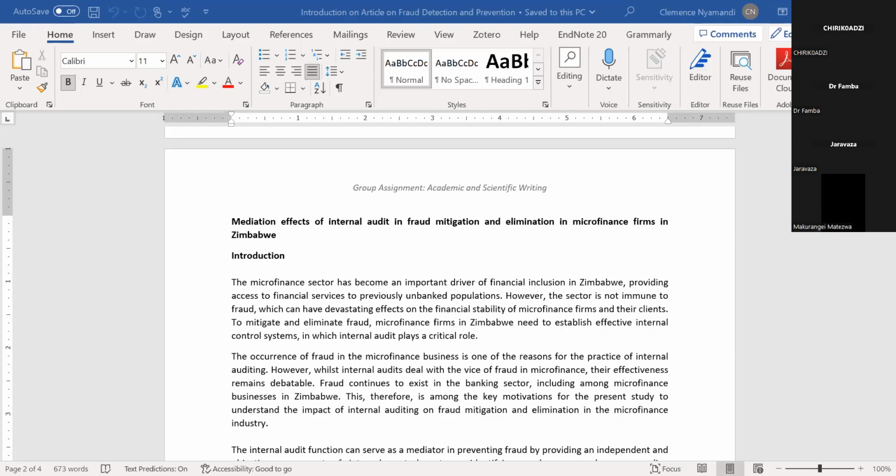What is the difference there? I thought now the first statement was referring to the research domain. Then the first sentence in the second paragraph is they are trying to zero in on their particular thrust, which is on internal audit and fraud.